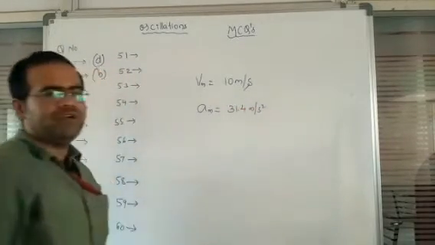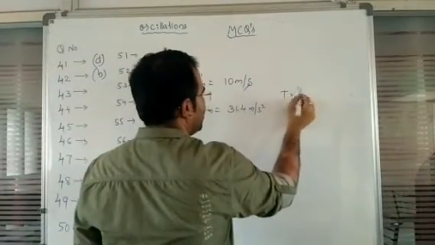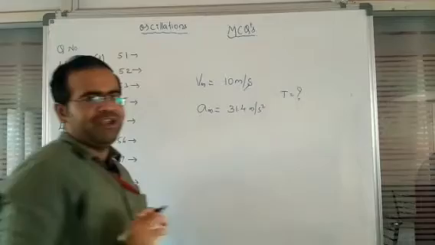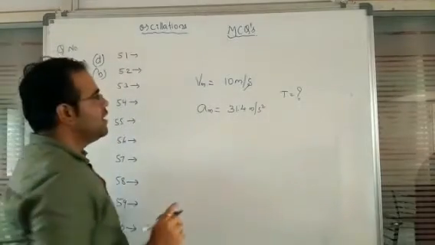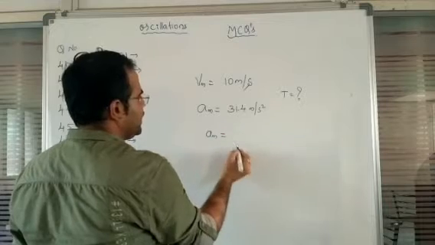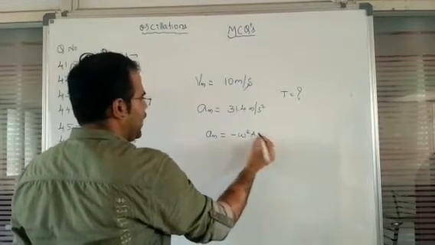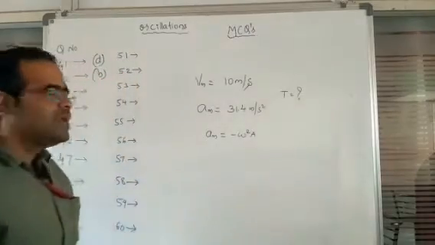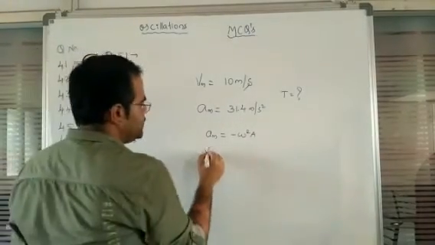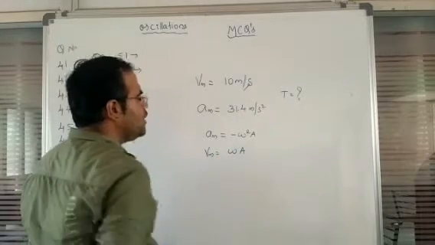From these given data, we need to find the time period. Theoretically, maximum acceleration is minus omega square into a, and maximum velocity is given by omega into a.